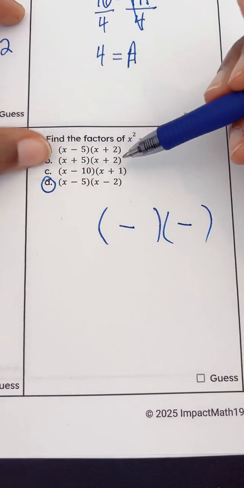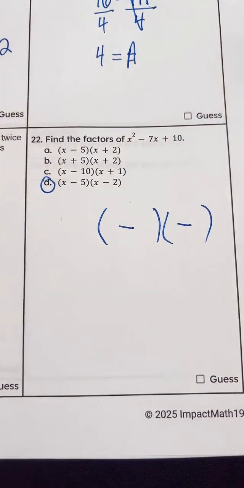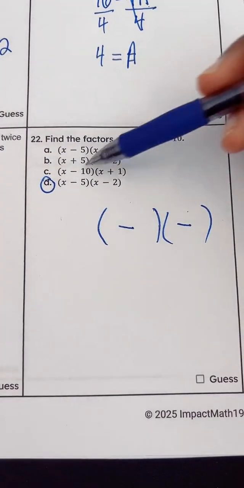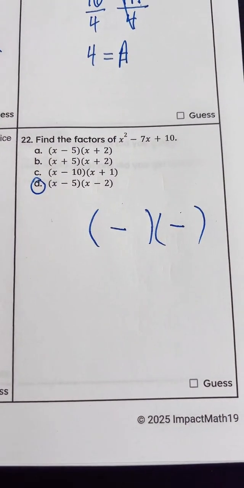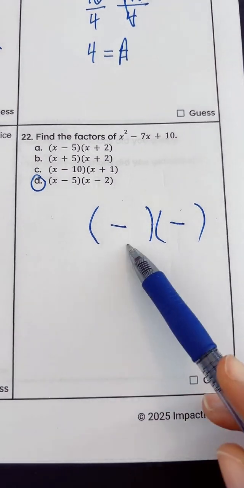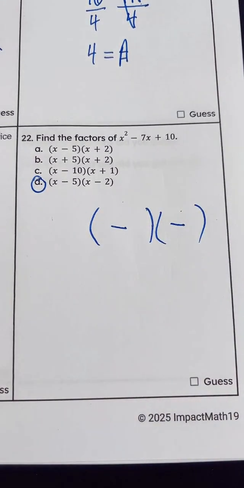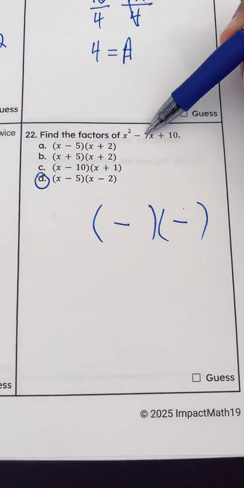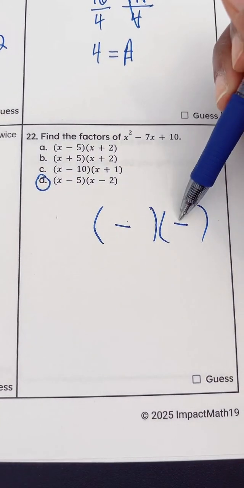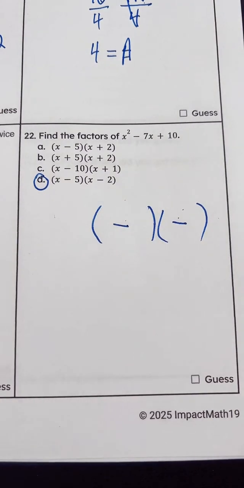Well, they only gave us one answer where both terms were negative, and that's your answer. It's D. You could do this in a split second by just knowing your signs, you guys. So when the B is the only negative, both terms have to be negative always.